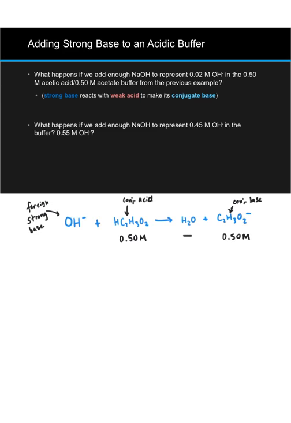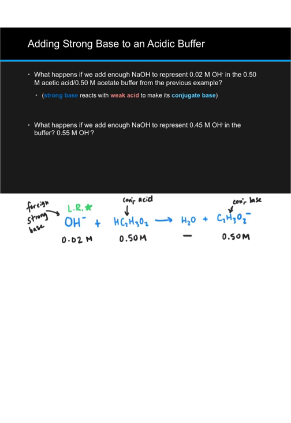We don't really care about water because water isn't an important contributor to the pH of this solution. The hydroxide ion that we've added from an outside foreign source of strong base had a concentration of 0.02 molar. So, it is present in the smallest amount, meaning that hydroxide ion in this reaction is our limiting reactant.